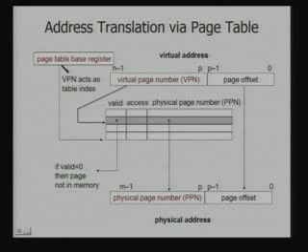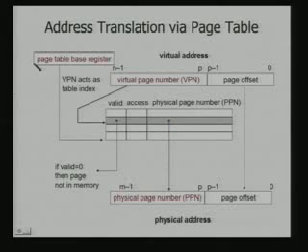You can understand that when I switch from one process to another process, my page table would change because each process has its own page table. So changing the page table would essentially imply changing the page table base register value. The virtual page number is like an offset added to the content of the page table base register to access the location in the page table which has the physical page number.